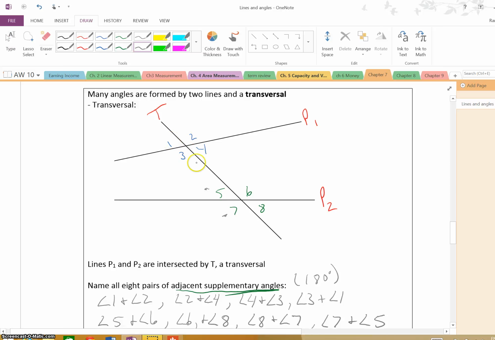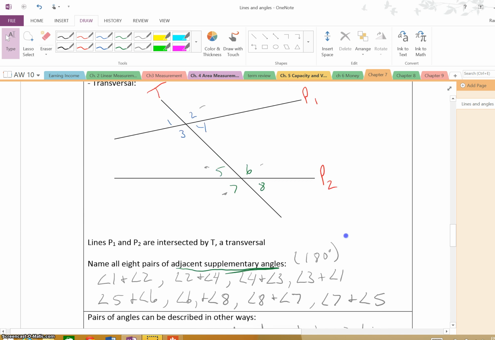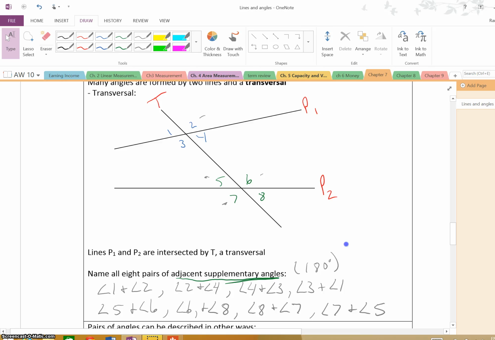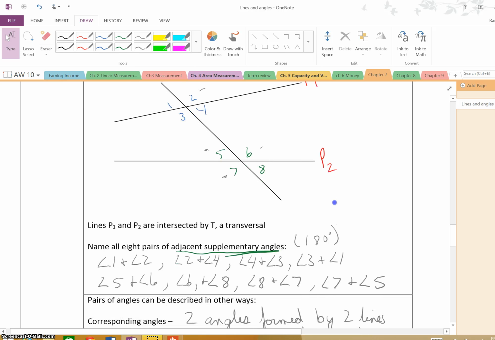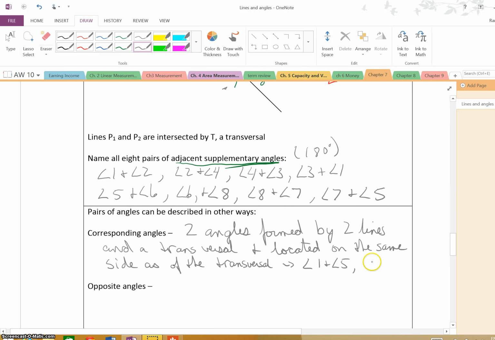They're both to the left of the transversal, and they are both above their corresponding lines. Another example would be angle 2 and angle 6. They're both on the right side of the transversal and still above their lines. Okay, so that's what corresponding angles are.